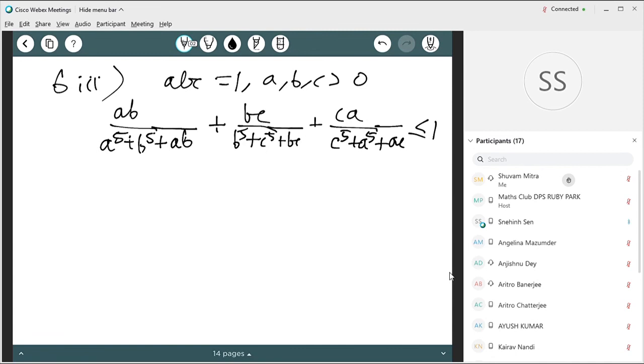This exactly is done in 2 classes back of inequalities. You have done this question, so I think you shouldn't have a problem in that case. Yes, just check the IMO SL 1996 question which was solved in the first basics inequality class. Basically, it's the same question, so you shouldn't have a problem. Yeah.